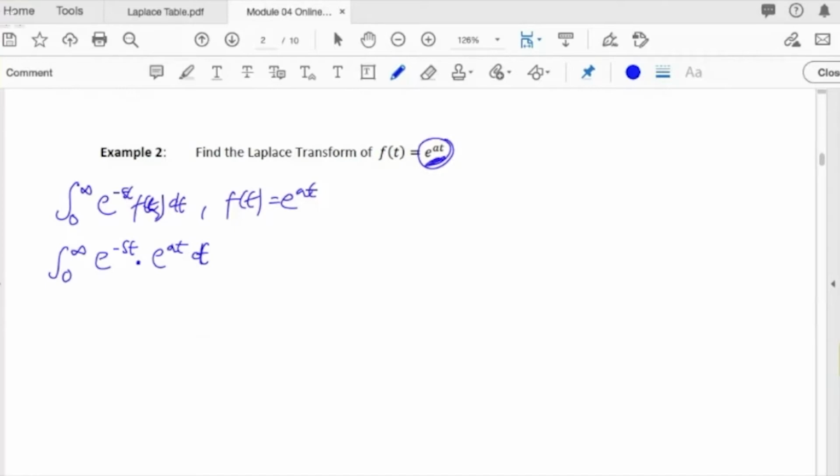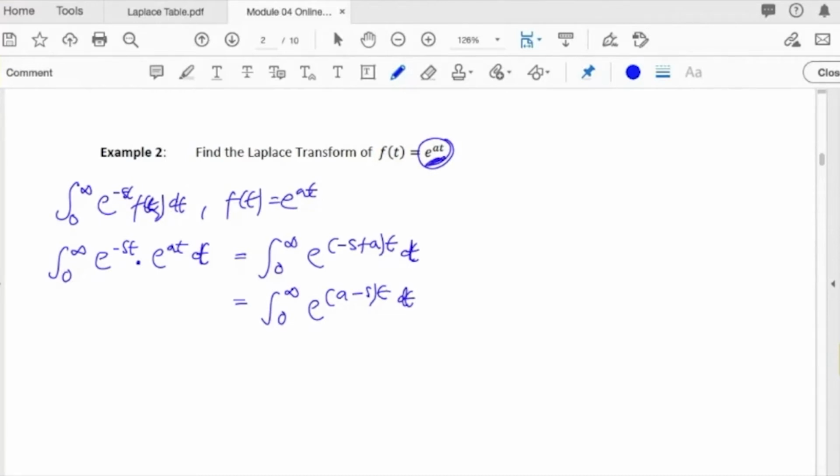That part we can further write as the integral from 0 to infinity of e to the power of (negative s plus a)t dt, which is equal to the integral from 0 to infinity of e to the power of (a minus s)t dt.